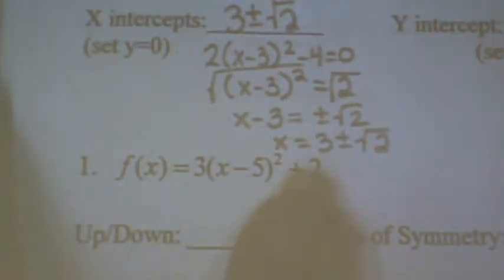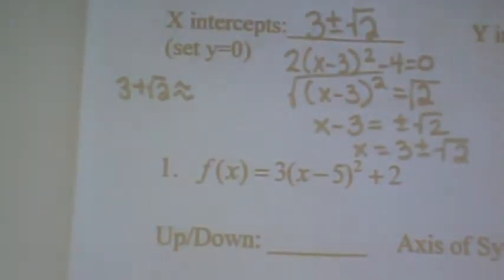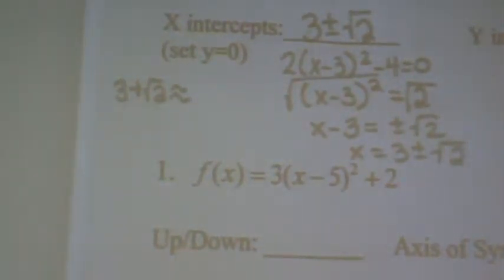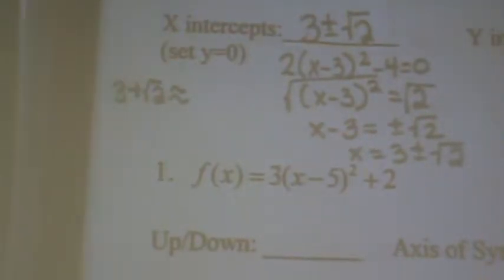So, where is 3 plus the square root of 2? This is where we're gonna estimate. How do you get what that is? You're gonna do on your calculator, 3 plus the square root of 2. This is an exact answer, these are estimated.